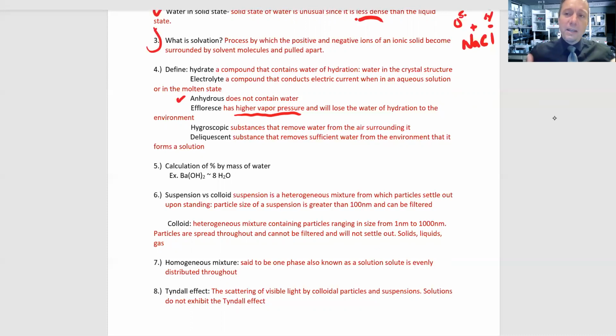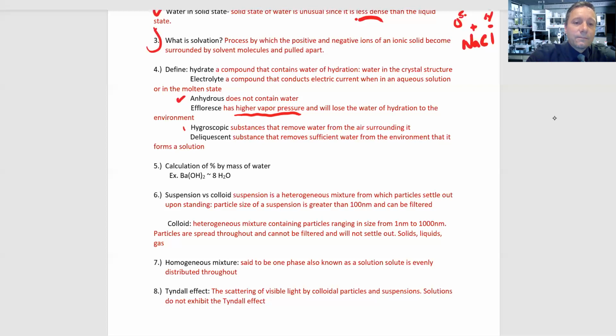And if it's open in the surroundings, it will lose the water of hydration from its crystal into the environment because its vapor pressure is higher than the atmospheric pressure around it, or the vapor pressure that's surrounding it. So if a substance is efflorescent, that means it will lose its water of hydration into the environment.